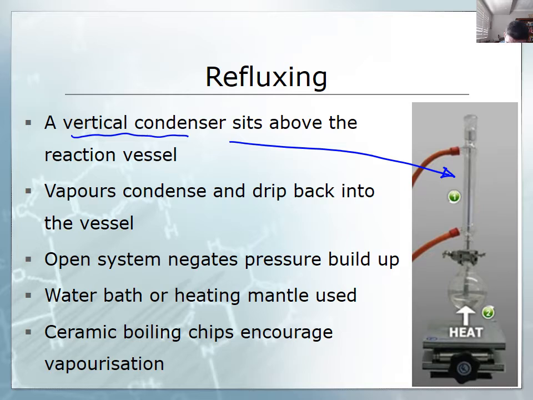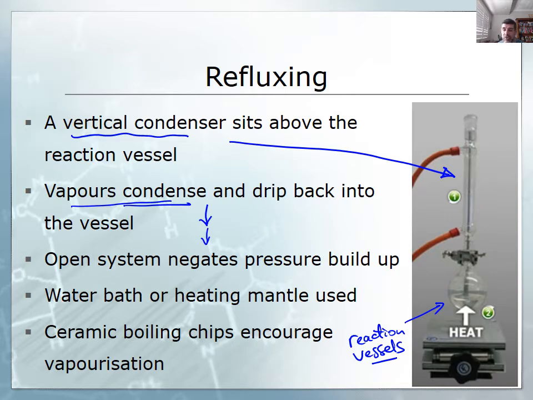And what that means is any of the vapors that are condensing in the condenser are going to drip back down into the reaction vessel. So this here is our reaction vessel, and it's often a round bottom flask like the one that you can see here.